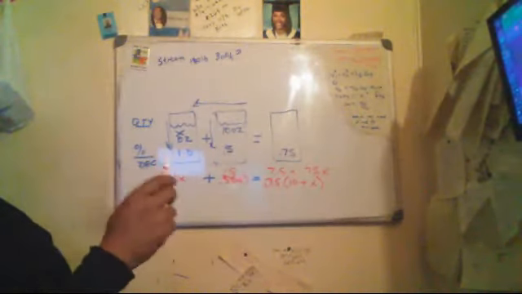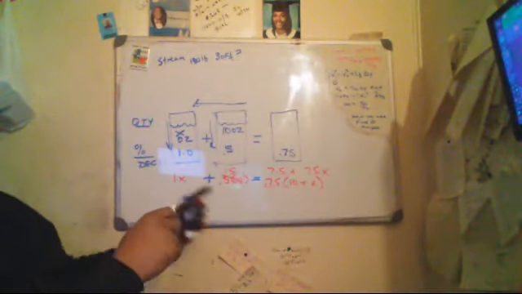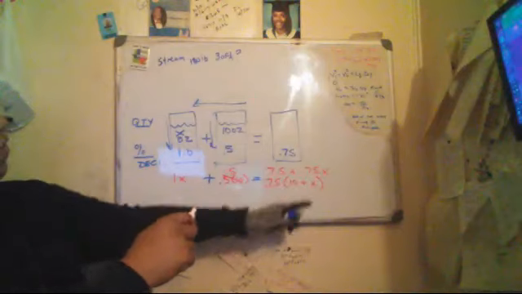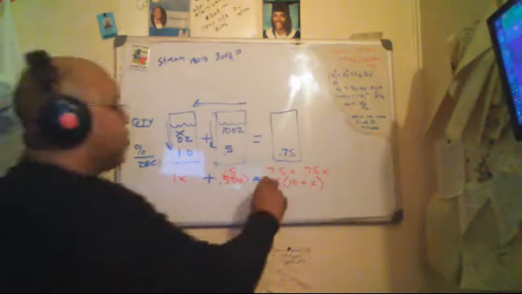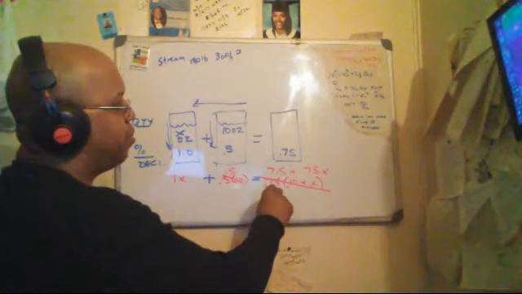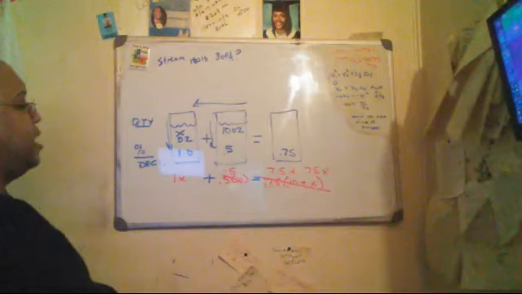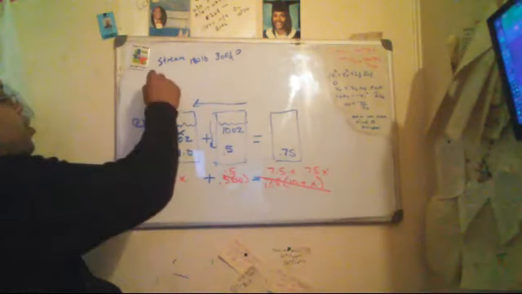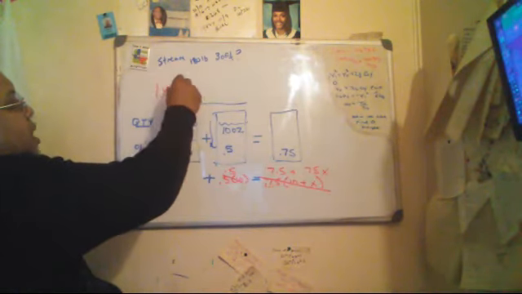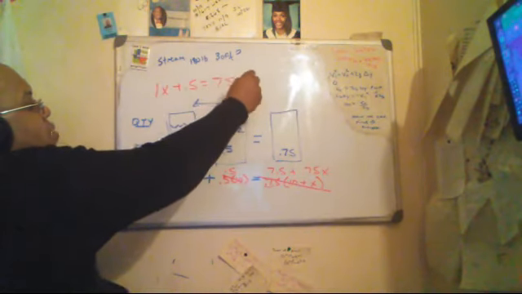How I do this is I look to see what side x is biggest on. x is biggest on this side because we have 0.75x. I'll cross this line out because this is what we did when we distributed. We got 7.5 plus 0.75x. So our new line will be 1x plus 5 equals 7.5 plus 0.75x.